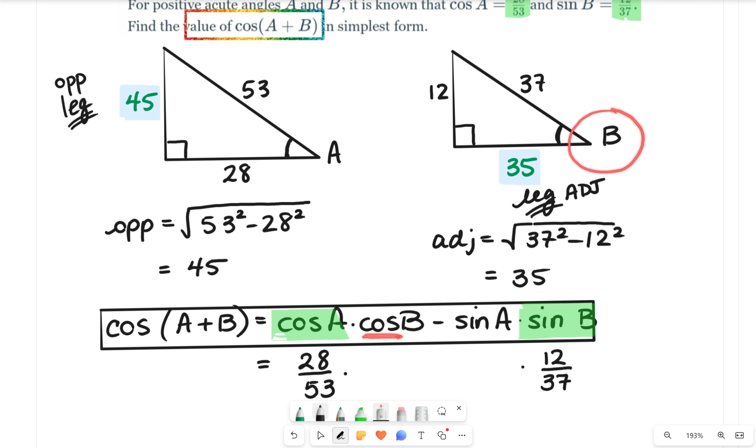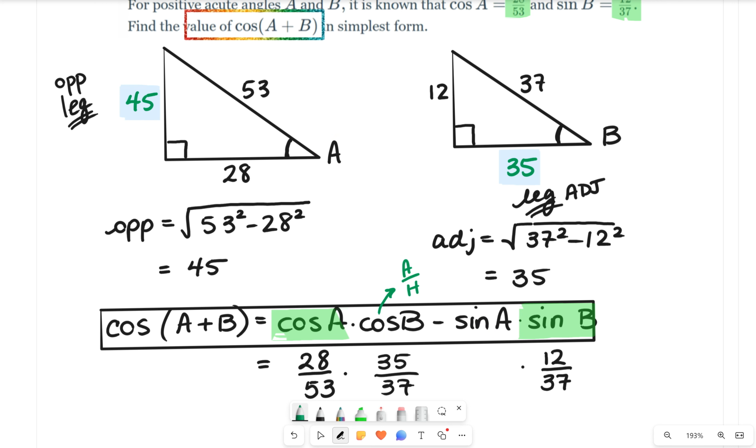That's adjacent over hypotenuse. This is my hypotenuse, 37. So 35/37 is what I'm going to put here for cosine B. Now I need to go to angle A. I'm going to stand there at angle A, and this time for angle A, they're asking us to do the sine ratio.